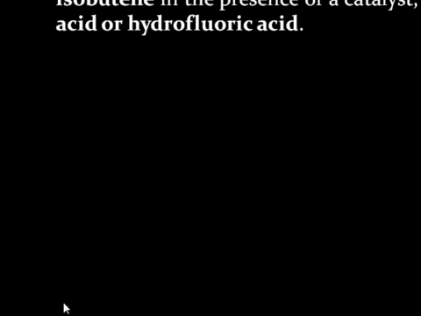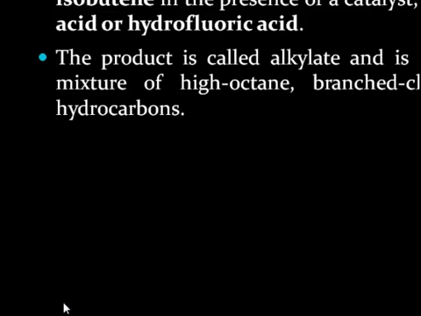The next is alkylation. So here is the reaction in order to get the alkylate. It is a combination of low molecular weight olefins, primarily a mixture of propylene and butylene, with isobutane in the presence of a catalyst, either sulfuric acid or hydrofluoric acid.